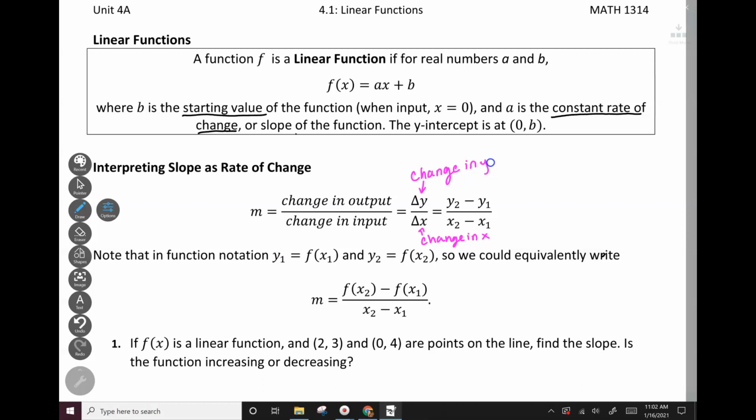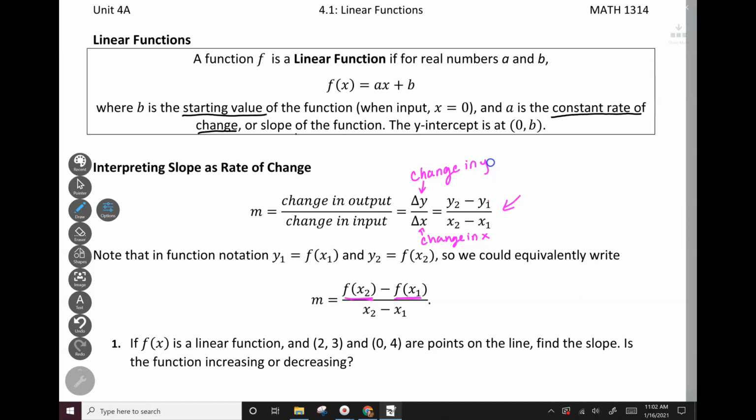So you can use f of x2 in place of y2, and f of x1 in place of y1, and that's the same thing. That notation means the same thing as y2 minus y1 over x2 minus x1. So it can be written either way.